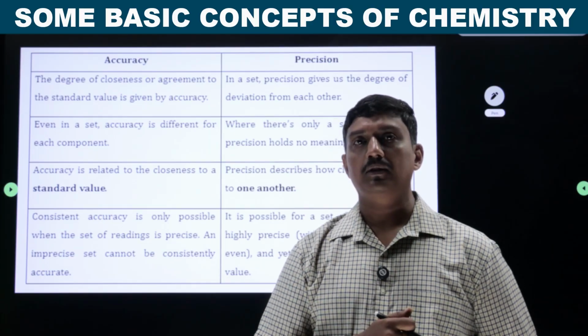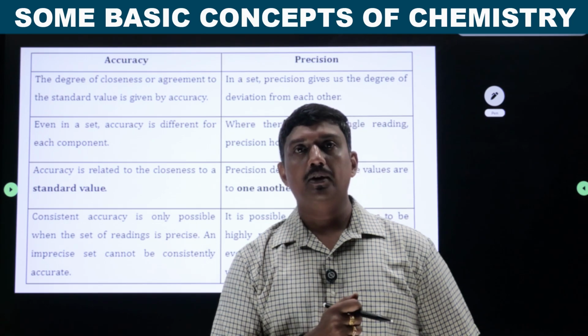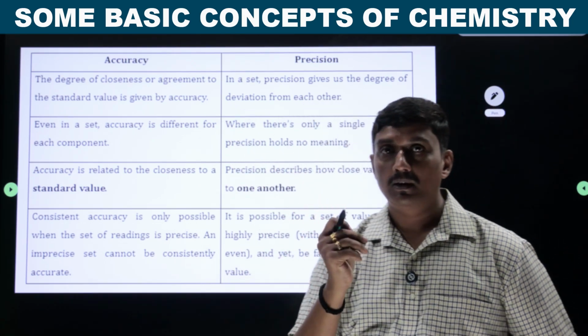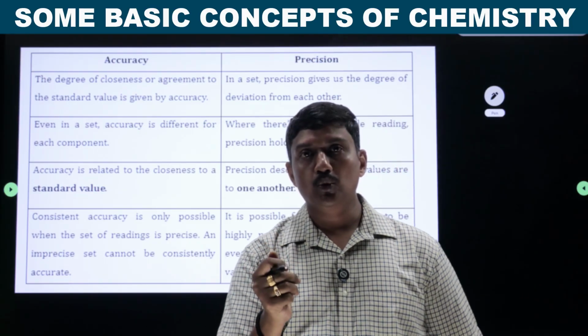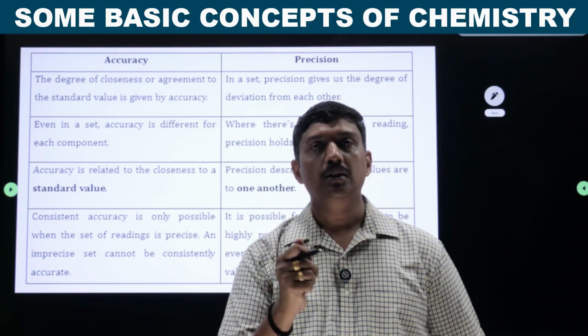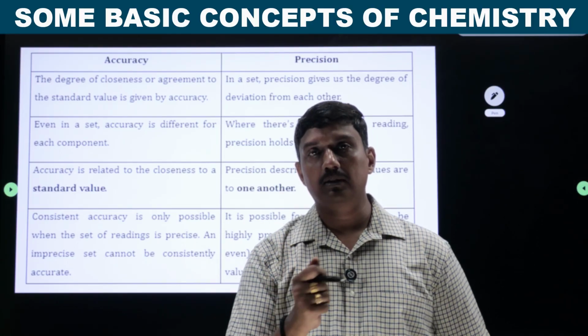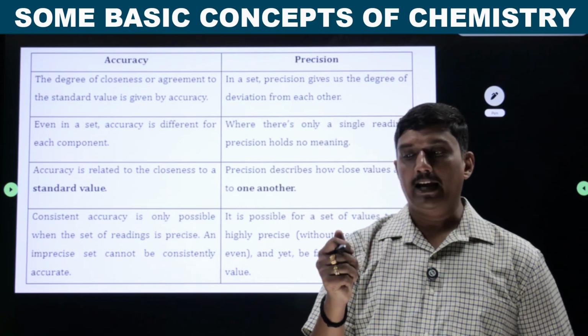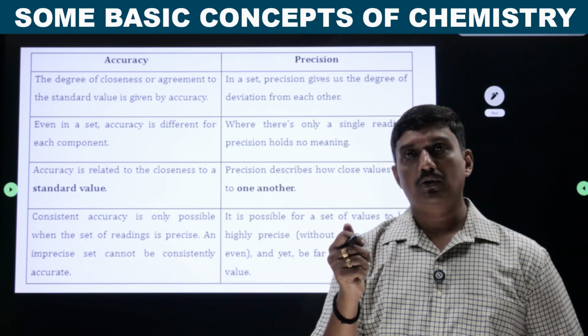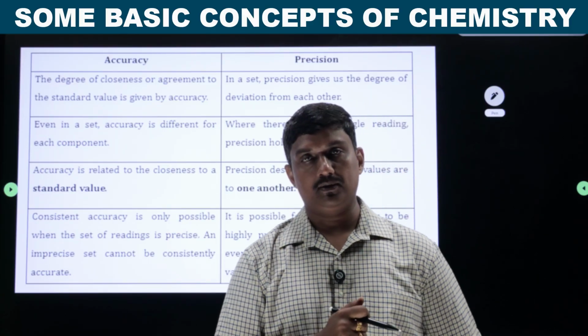Now I am discussing the more important topics of the same chapter, that is accuracy, precision, units, fundamental units and derived units, Dalton's atomic theory and atomic mass number, calculation of relative atomic mass.